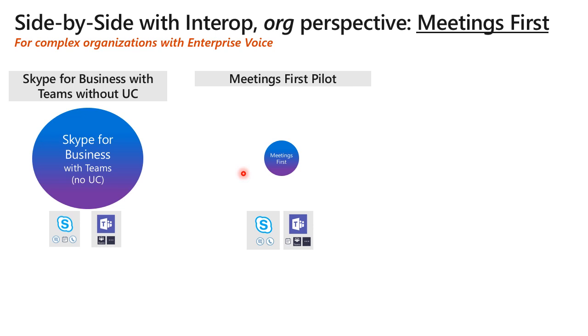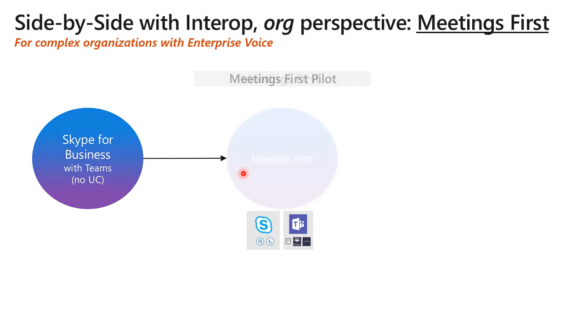And if we've deployed the application properly to our end users, the folks that haven't been upgraded yet or are still using Skype for Business will be able to use their Teams application to join the meetings that these 1,000 users are now creating. So it's a great way to start getting folks exposed to the new meetings workload inside of Teams.